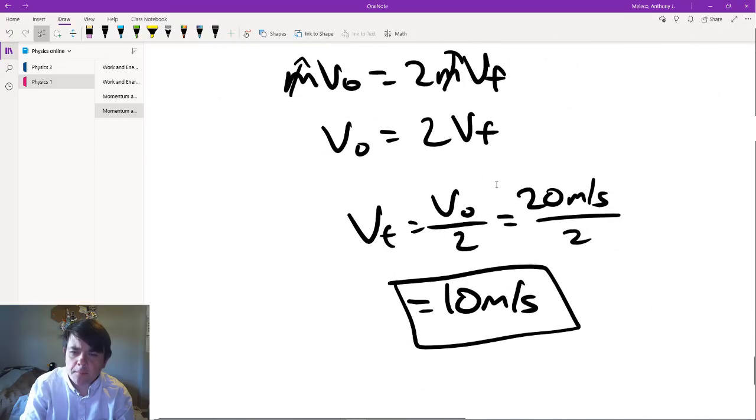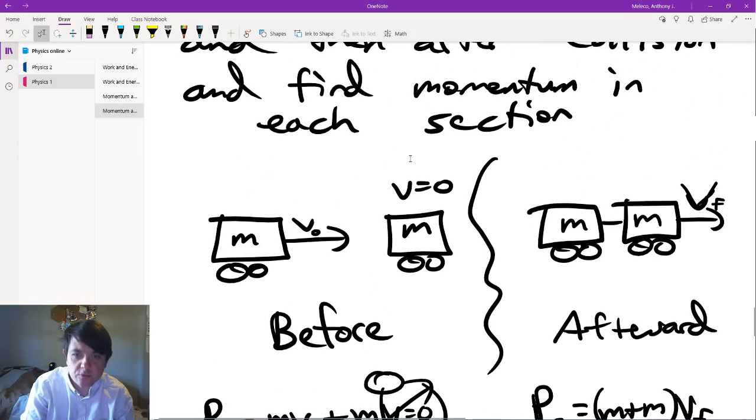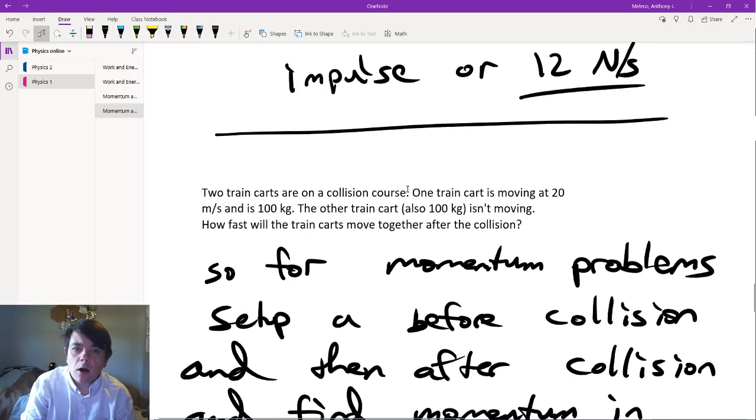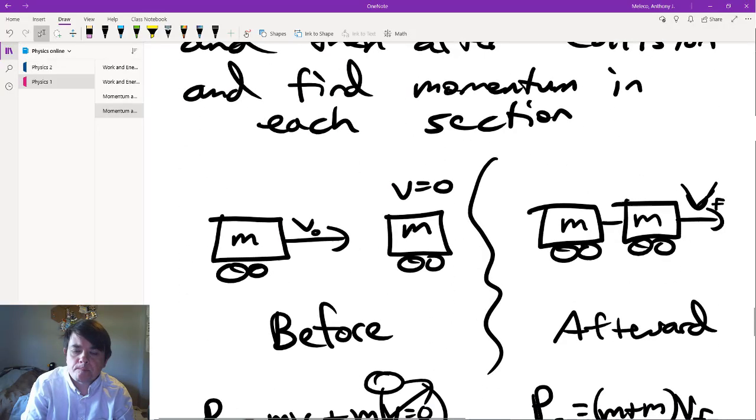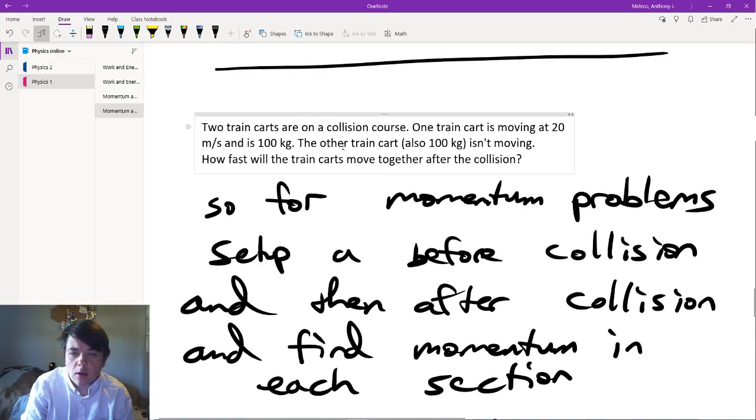The only other thing for this type of problem, and this was a one-dimensional problem, is that we solved it as if it were an inelastic collision.